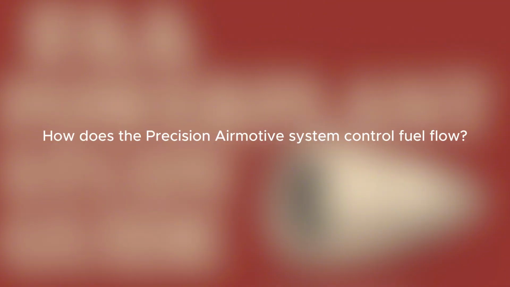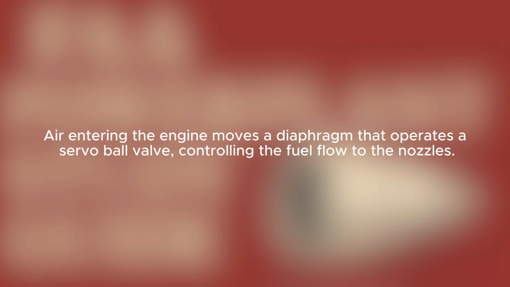How does the Precision Air Motive system control fuel flow? Air entering the engine moves a diaphragm that operates a servo ball valve, controlling the fuel flow to the nozzles. What is a FADEC?